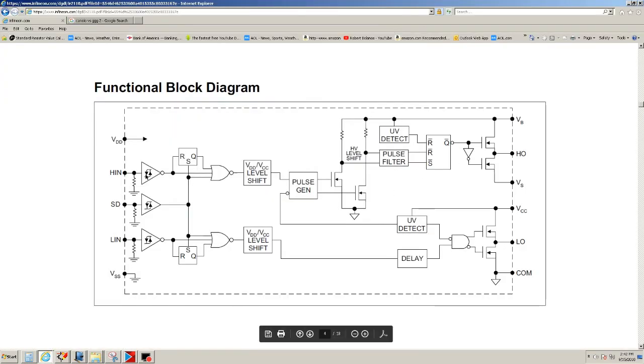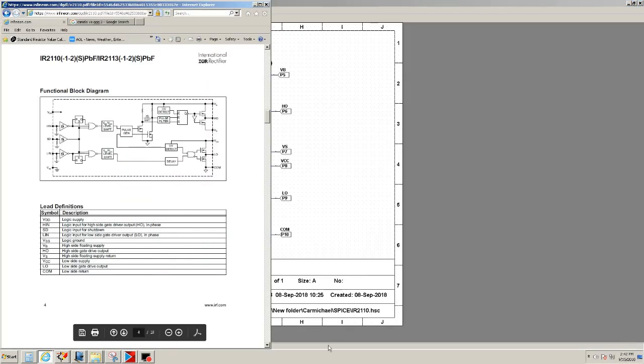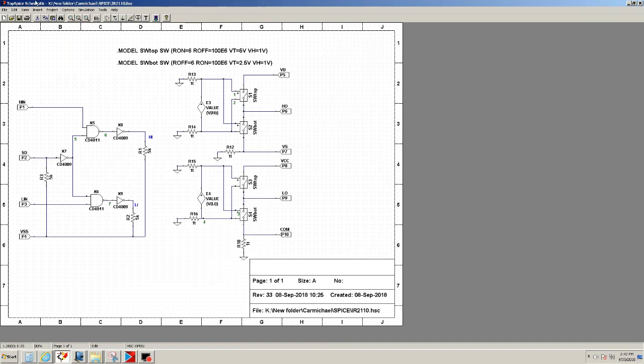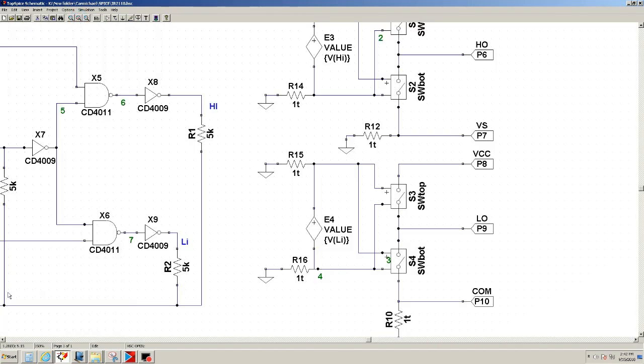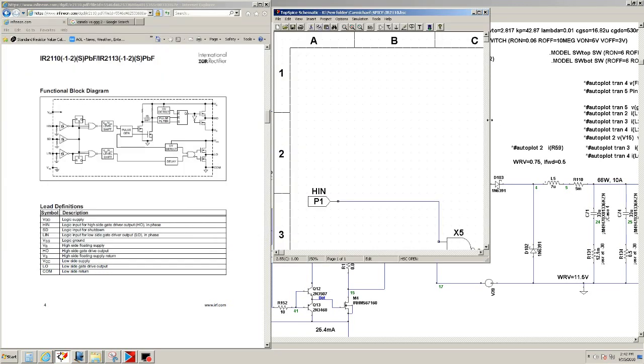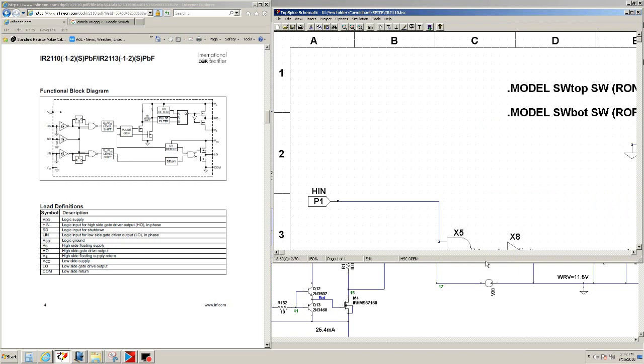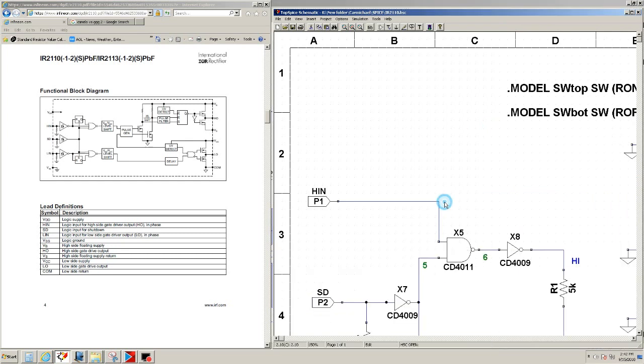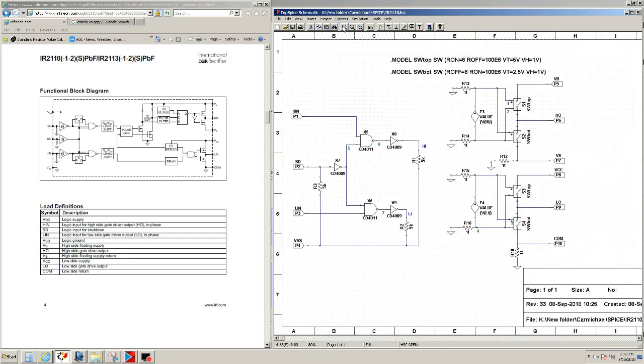Okay, so now the MOSFETs, I'm simulating them with switches instead of MOSFETs.